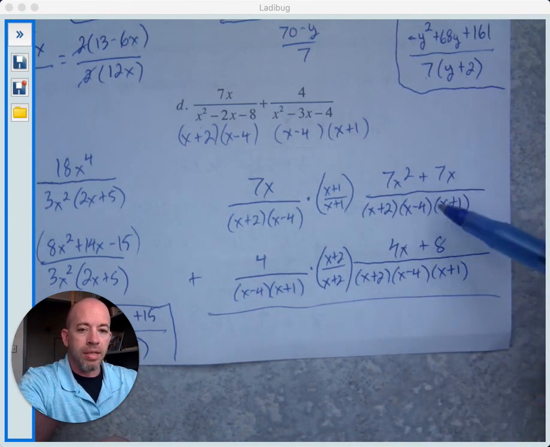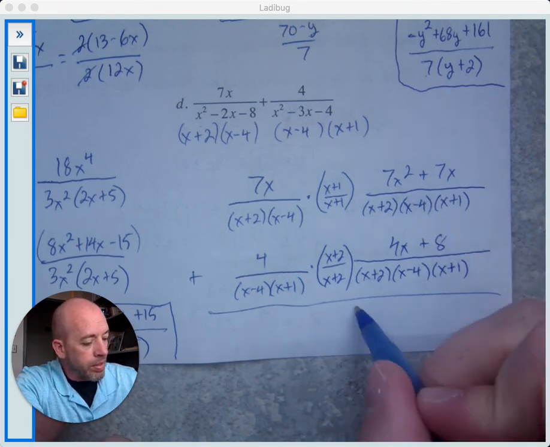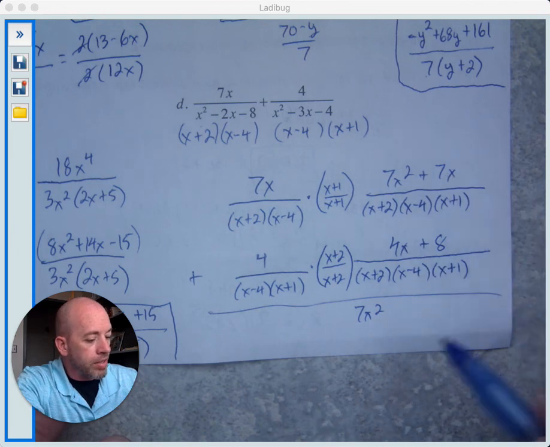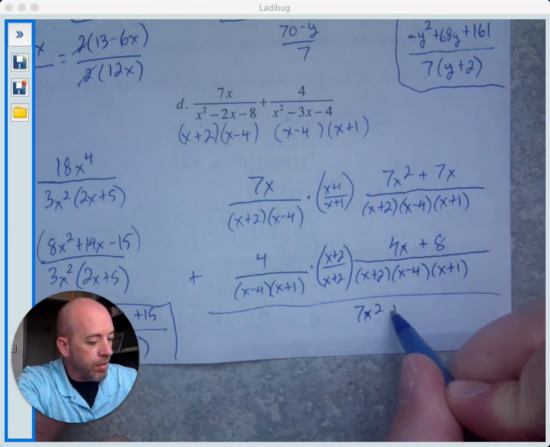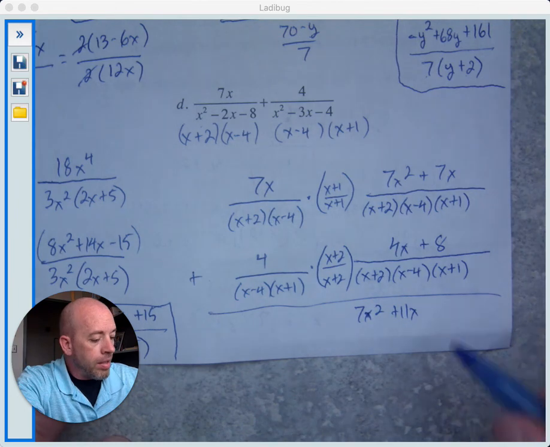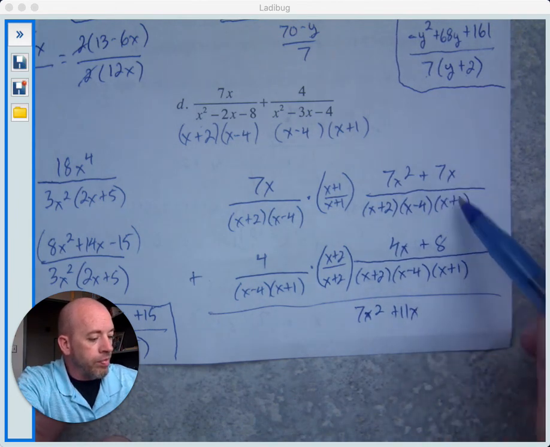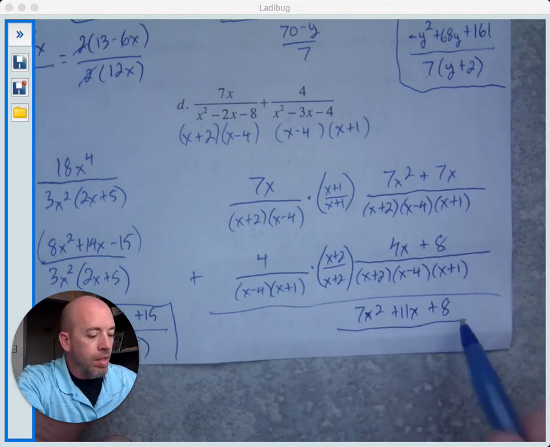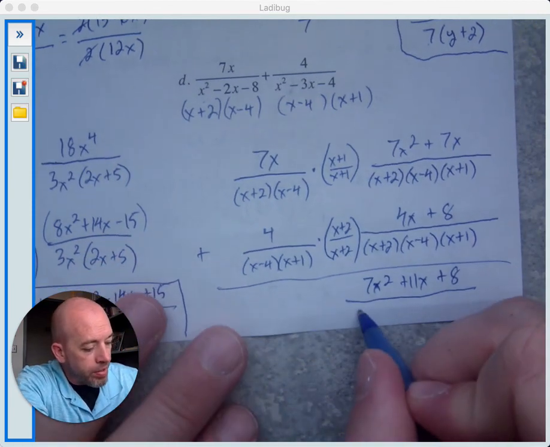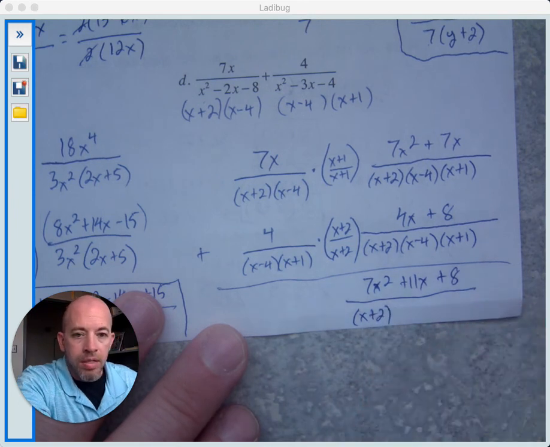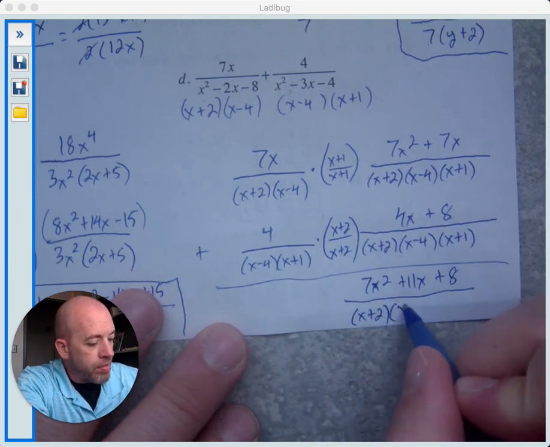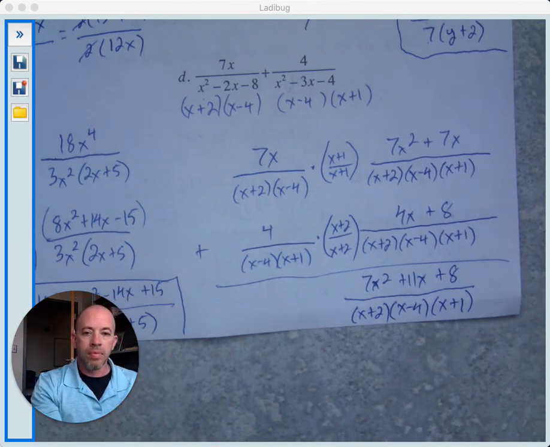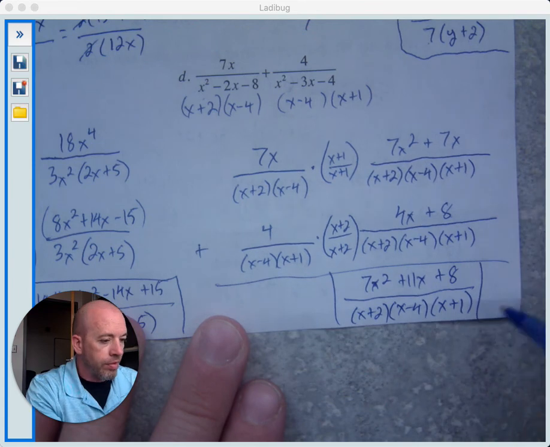And now we can combine these together. We have our 7x squared. It's addition, so 7x plus 4x is 11x, right? Plus 11x. And then we have plus 8. And then we have our LCD on the bottom, our x plus 2 times x minus 4 times x plus 1. And that would be our answer.